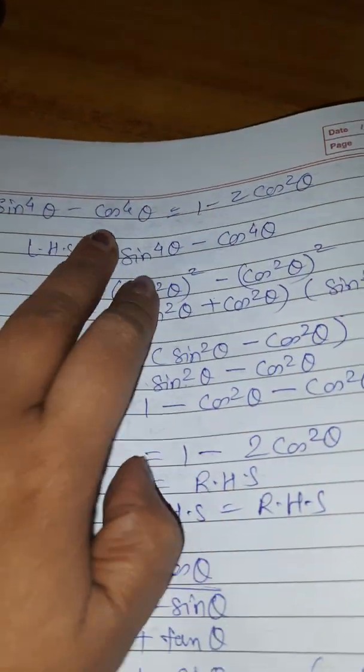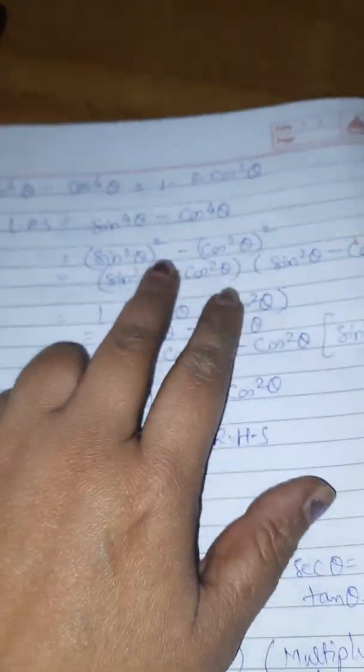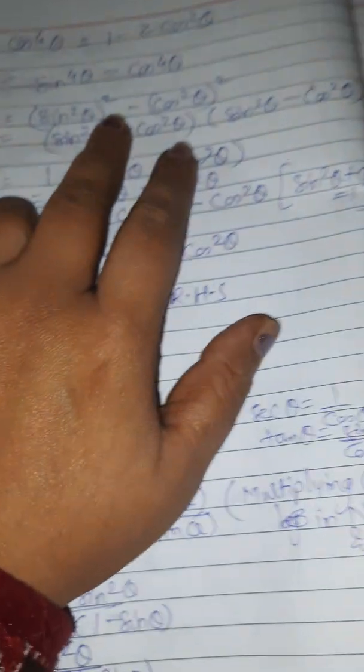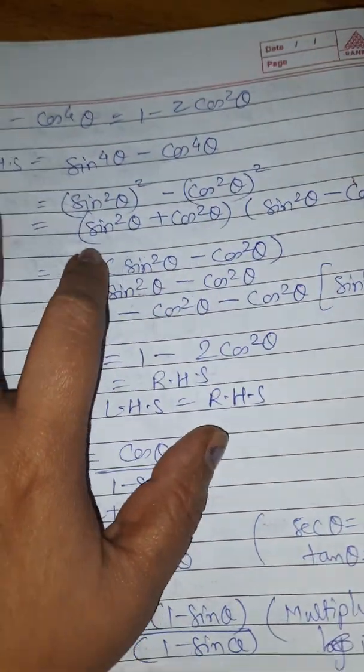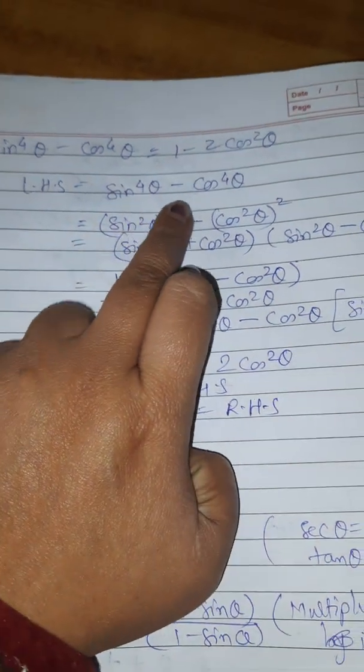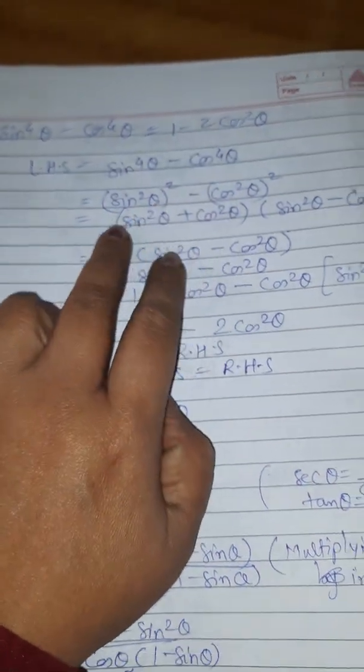In the 7th problem, sin to the power 4 theta minus cos to the power 4 theta equals 1 minus 2 cos square theta. So LHS is sin to the power 4 theta minus cos to the power 4 theta.